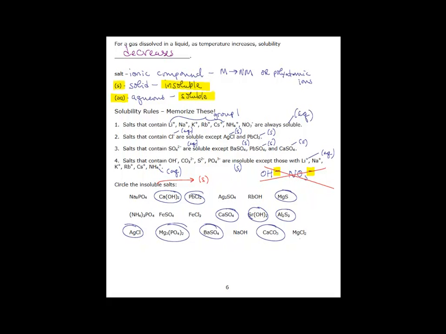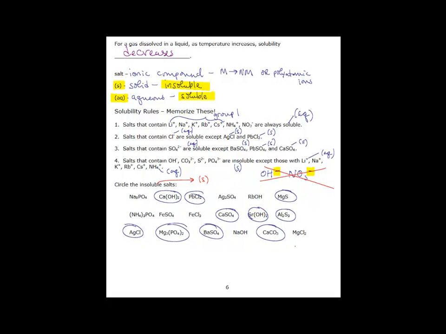And lastly, MgCl2, magnesium chloride. A lot of students think this would be insoluble as well, but salts that contain chloride are soluble except for silver chloride and lead 2 chloride. So since Mg is neither Ag or Pb, that's why it's soluble.